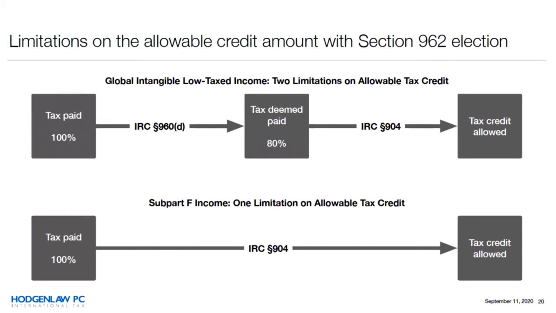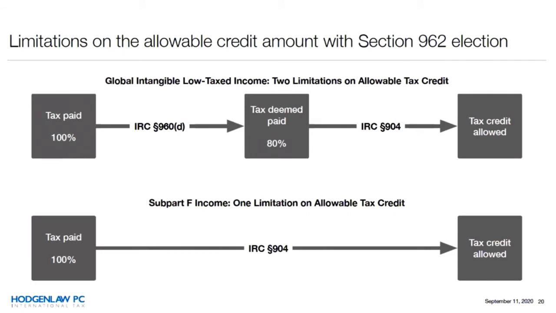But you start with the idea that 100% tax is your starting point. So the foreign corporation pays $100 of tax. And then Section 960(d) says, hey, just for global intangible low taxed income, we're only going to allow you to take an 80% deemed paid tax credit. So you take a 20% haircut off the top.